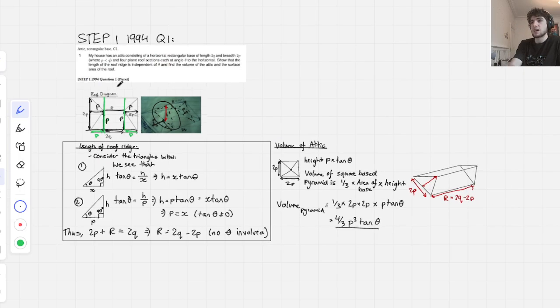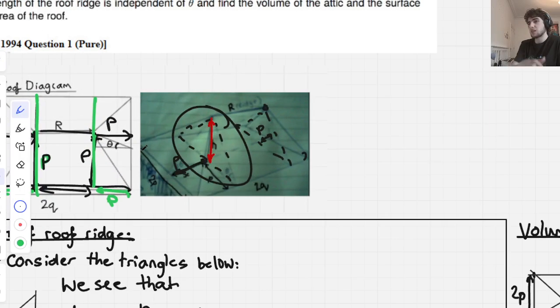This slice that we're making isn't changing the height at all. Okay, all it's doing is changing the length, right? Because we're cutting pieces off and removing them from the sides. So it's going to change our length to give us 2q minus 2p, but it's not going to change our height, which means that we're going to end up with this height here, which we know is the same as before. So just p tan theta.